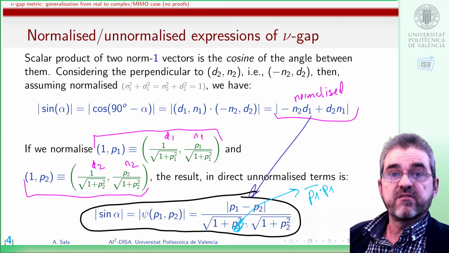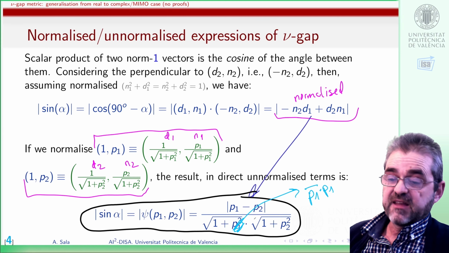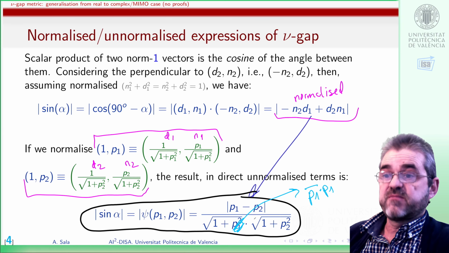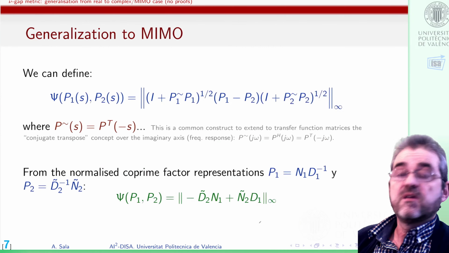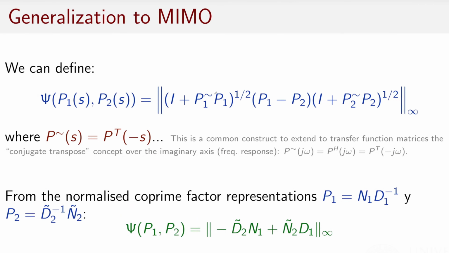This would be the square of its modulus, and if there are transfer function matrices, then we get the following general stuff: P1 squared in the real case, P1 conjugate P1 in the complex case, then if it's a transfer function matrix, we need the conjugate transpose matrix.